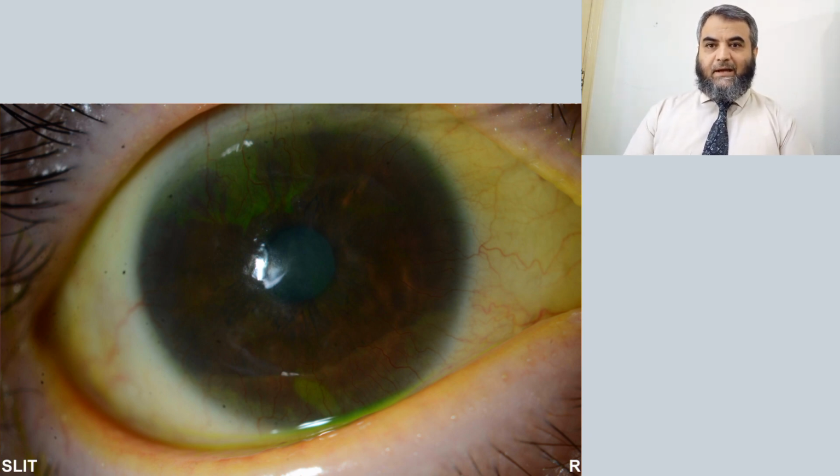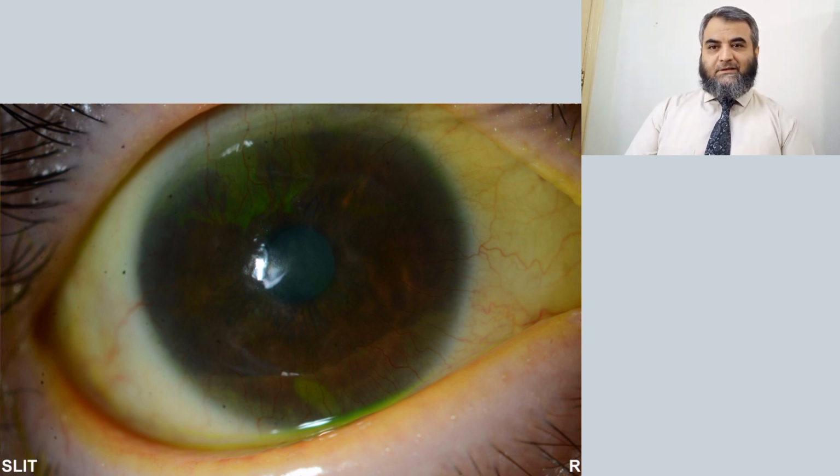If not properly managed, the patient would have gone on to further corneal thinning, and it can even lead to corneal perforation. It is usually a non-infective condition, and the discharge is ropey-like.